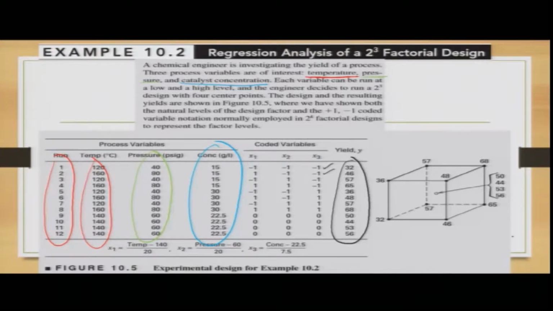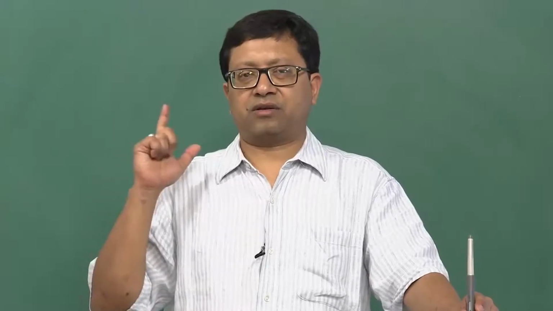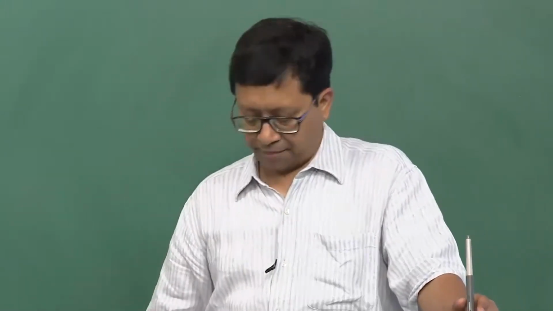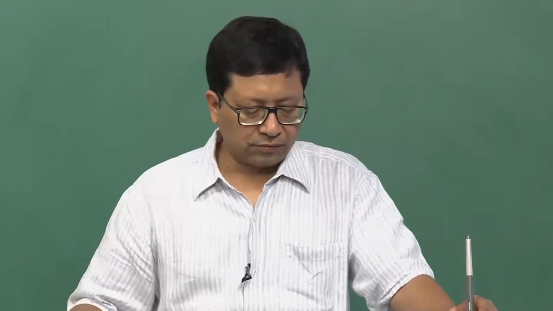So, the temperature average value is given, the pressure average value is given, the concentration is given, and we basically draw the relationship between the 3 variables in a 3-dimensional figure, where along the x axis, y axis and z axis you will basically plot x1, x2 and x3.